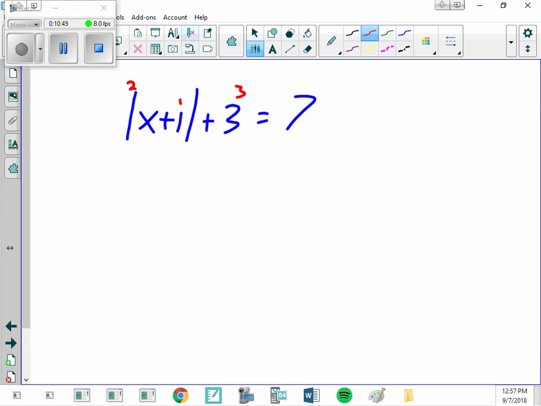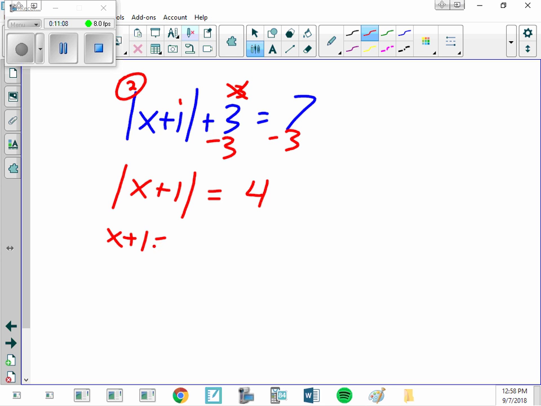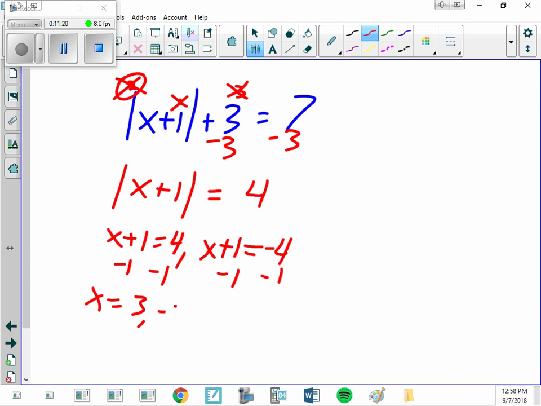And how do I get rid of plus 3? Subtract 3, and I get the absolute value of x plus 1 is equal to 4. Now what? Now I need to undo step 2, and that's a split. x plus 1 equals 4, and x plus 1 equals negative 4. Got rid of that step. Now I can get rid of step 1, and I get x equals 3 and negative 5. Okay?